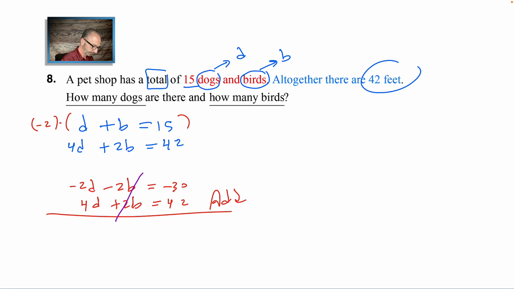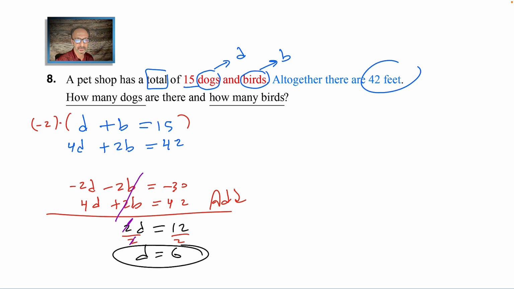Okay, moving on. Left-hand side is -2D plus 4D, or 4D take away 2D, that's 2D. 2D equals 42 took away 30, that's 12. Divide both sides by 2. And now we have D equals 6.